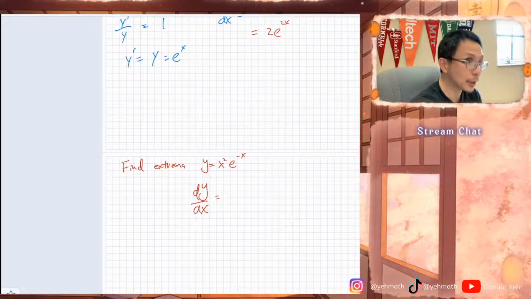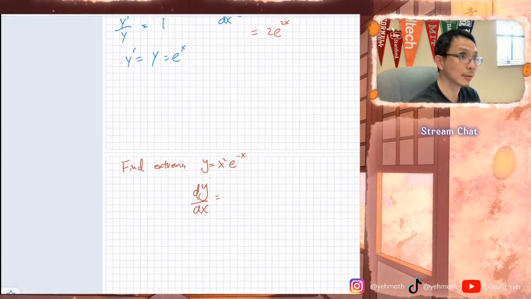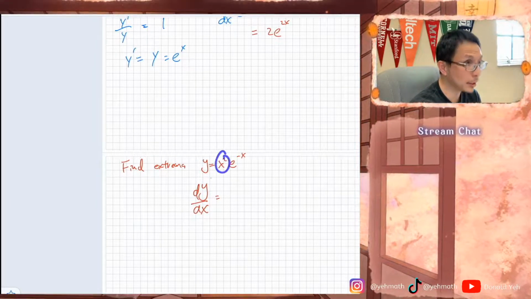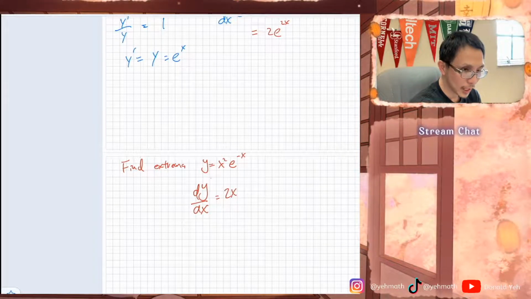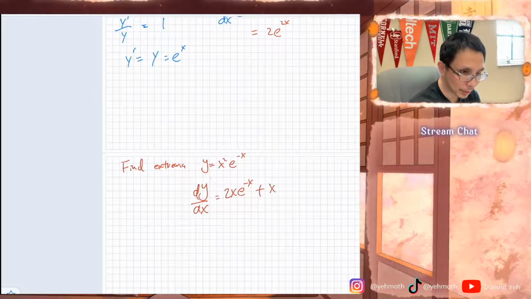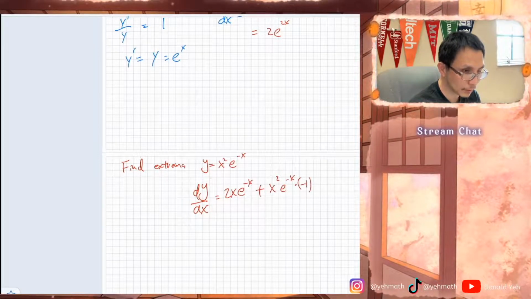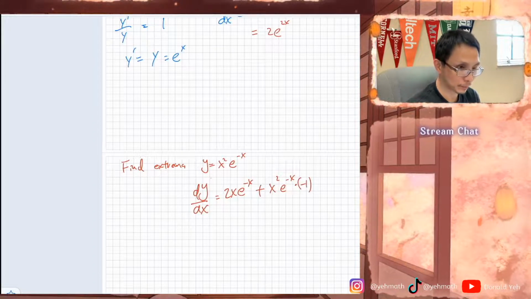When you take a derivative of x squared, you get 2x, times e to the negative x, plus x squared times e to the negative x times negative 1. Do you see that? Chain rule. Don't forget that chain rule.